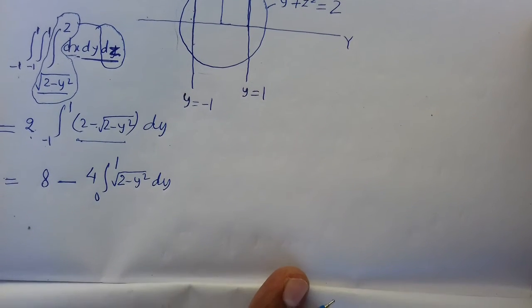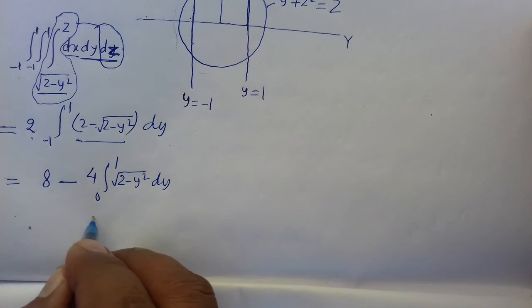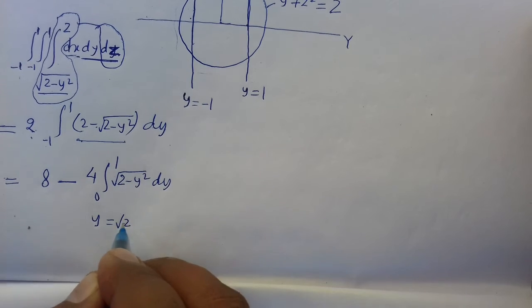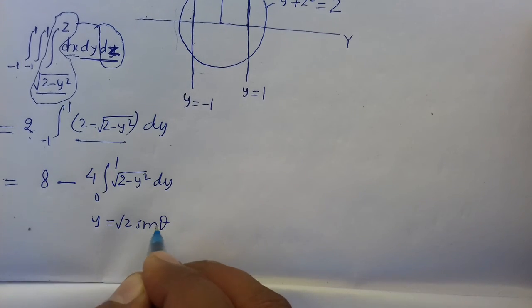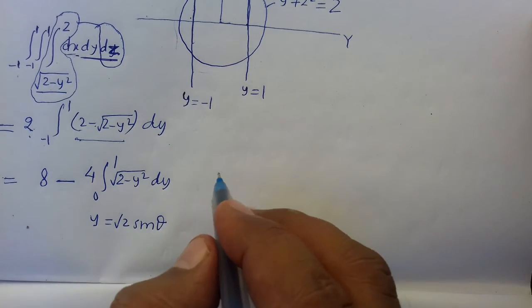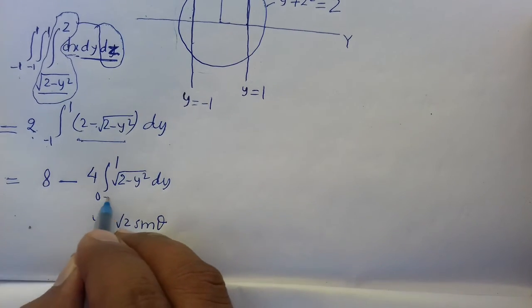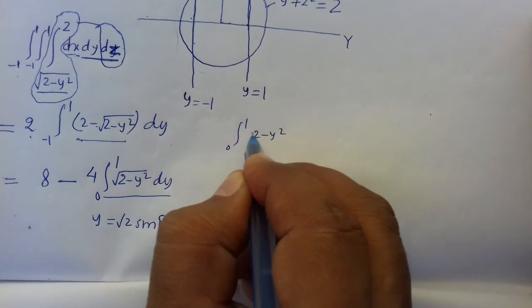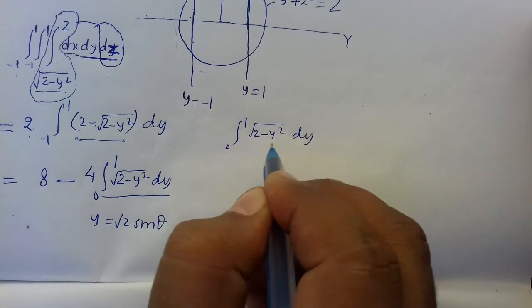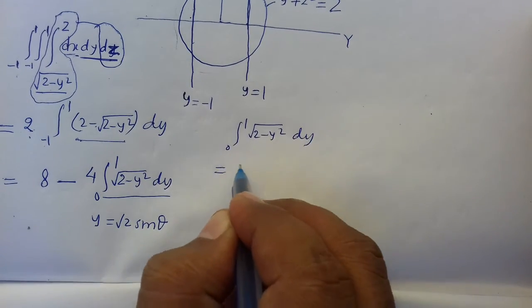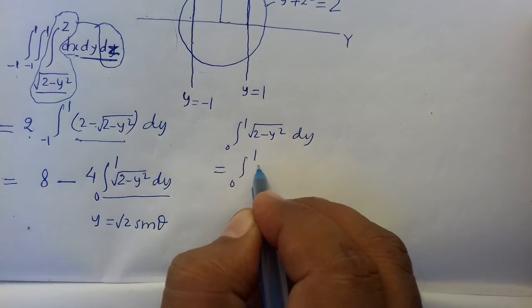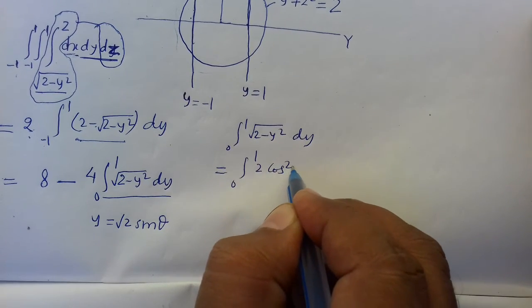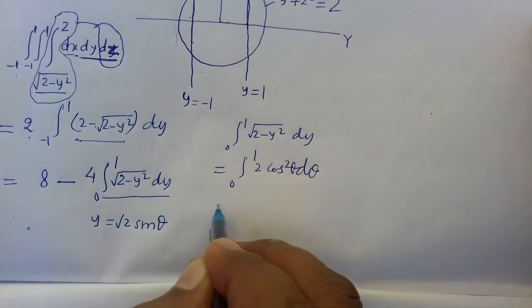Now it is easy. You can assume y equals root 2 sin theta. Then this integration from 0 to 1 of square root of 2 minus y square dy will be 2 cos square theta d theta.